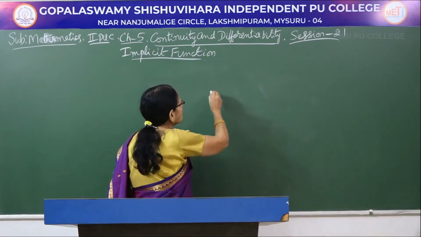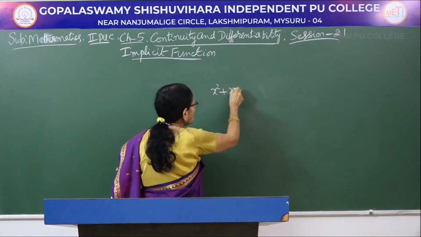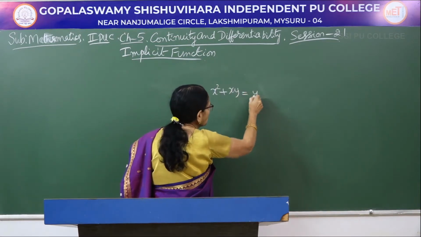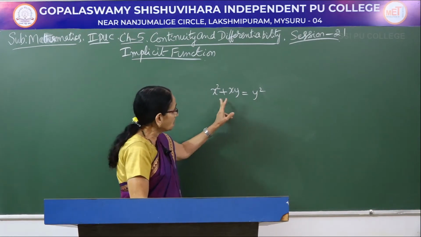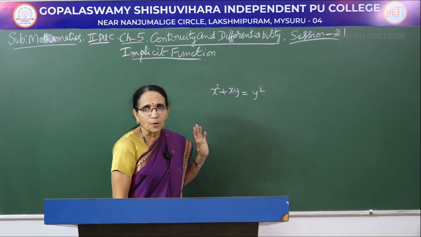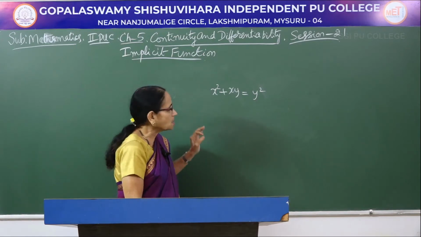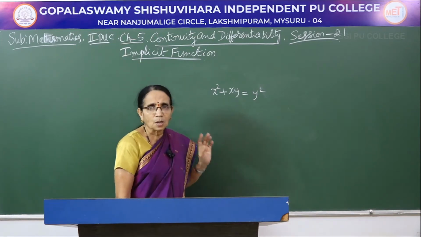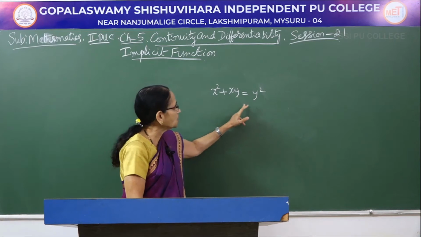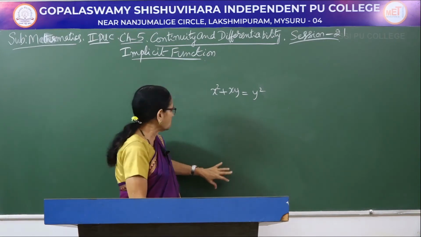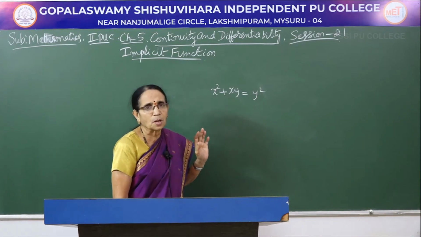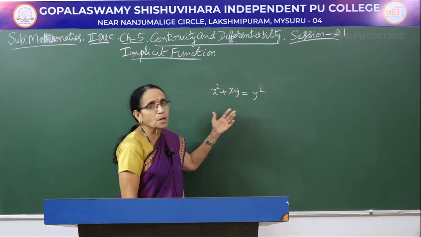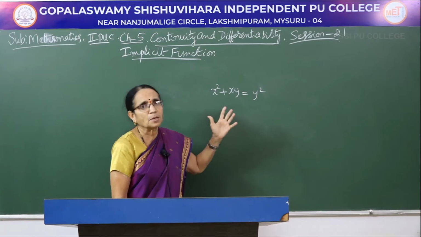Suppose I am having a function like this, x square plus xy equal to y square. Look here, in the case of an implicit function, to get the value of dy by dx, what we have to do is differentiate each term with respect to x, applying the appropriate formula which is applicable to that one.